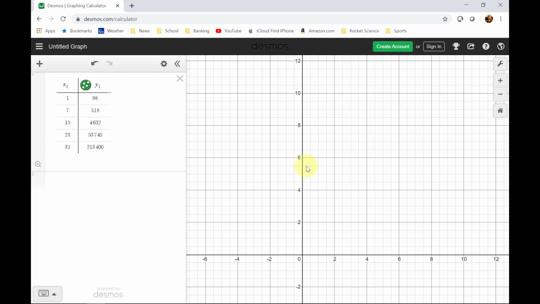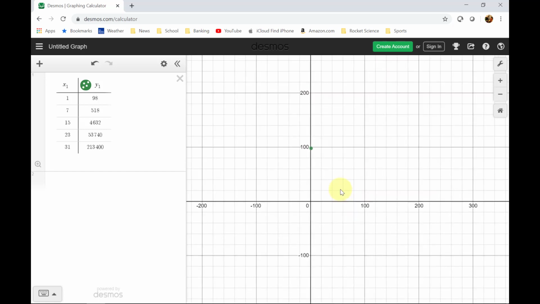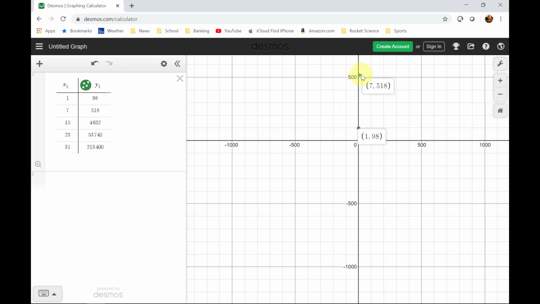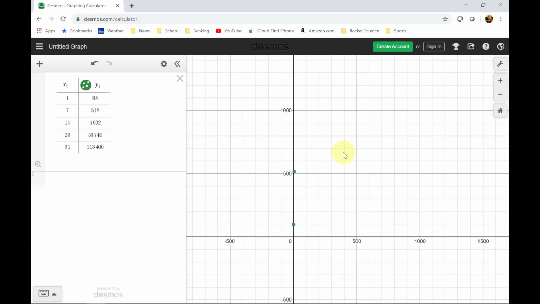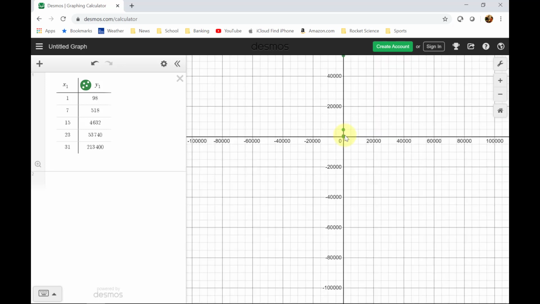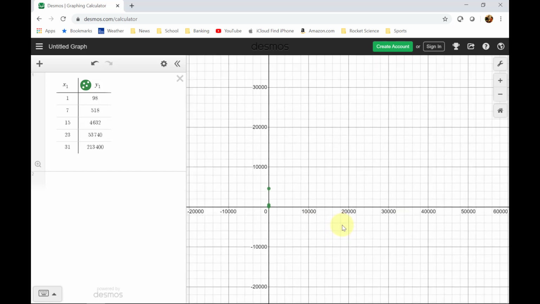They are completely off the scale of the default scale here. If I zoom out, you can start to see the data points showing up. But obviously this default scale is just not practical for this data set, right? Of course, we could reset the window.